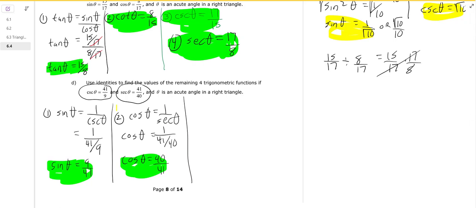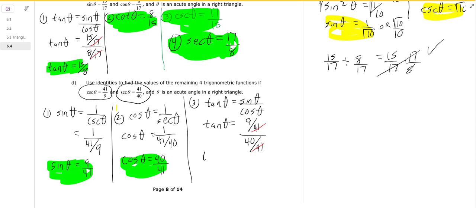Now we need to get the tangent and the cotangent. So the tangent of theta, by the ratio identity, is the sine theta over the cosine theta. So the tangent of theta would be the sine, which is 9 over 41, over the cosine, which is 40 over 41. And again, you can use this little trick. If those denominators are the same, then they're just going to divide out. Or you could divide fractions, if you wanted to.